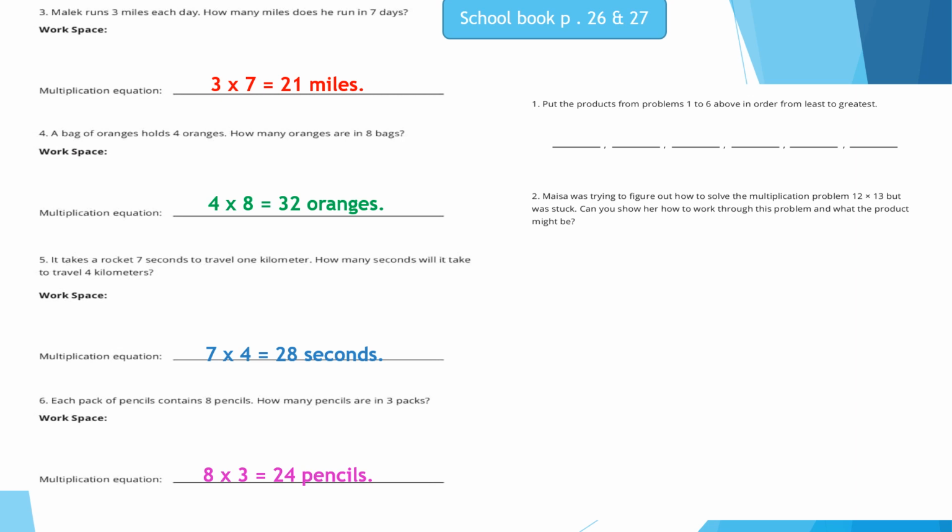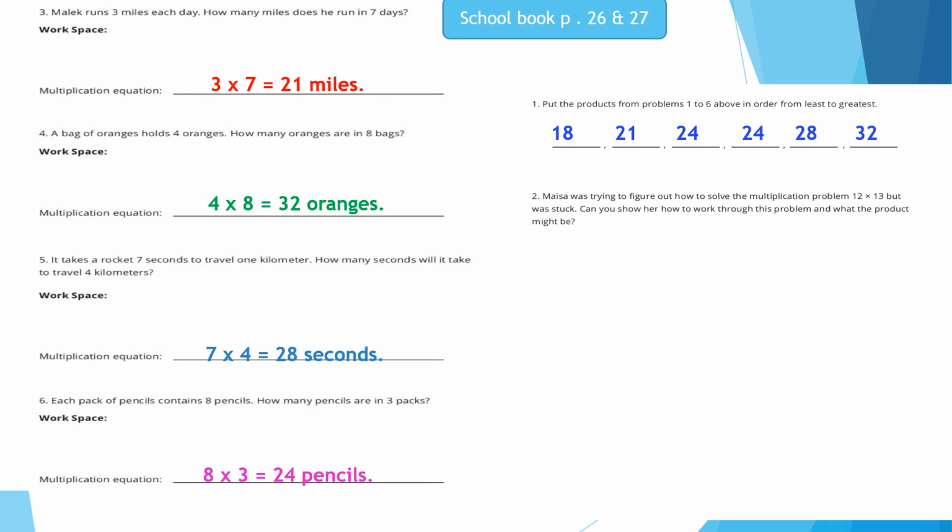We will put all the products, the results of the multiplication equations, in ascending order like this: 18, 21, 24, another 24, 28, and 32.